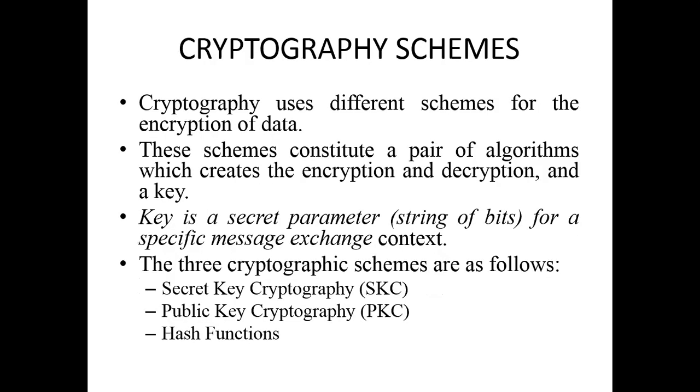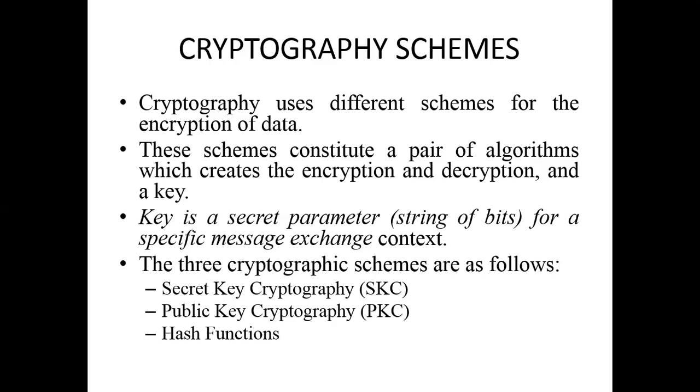And then there are different types of cryptography schemes available. So how do we encrypt? Basically, you're looking at different forms of encryption. These are the schemes. Cryptography uses different schemes for encryption of data. These schemes constitute a pair of algorithms which creates the encryption and decryption as well as the key.